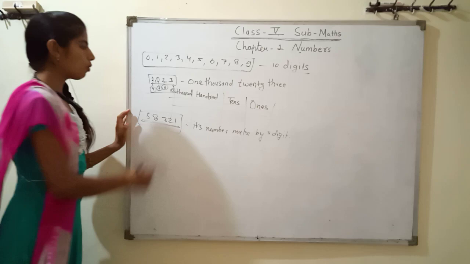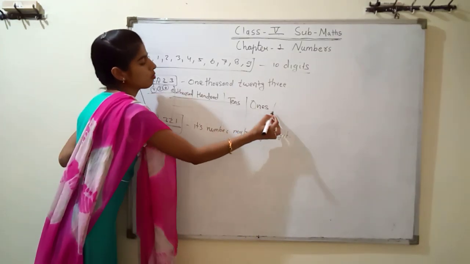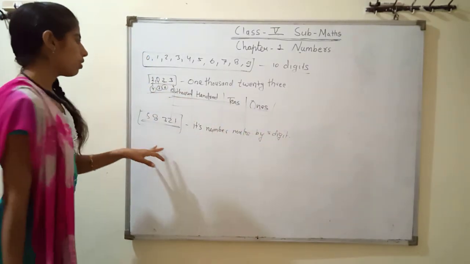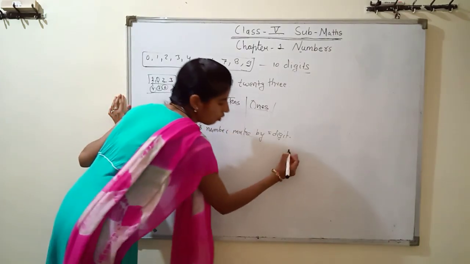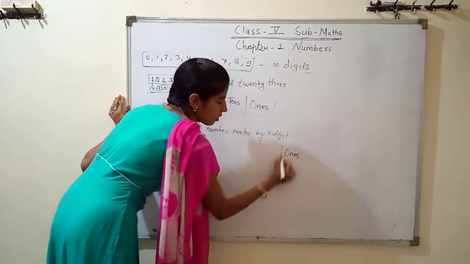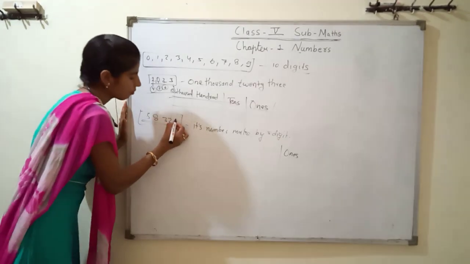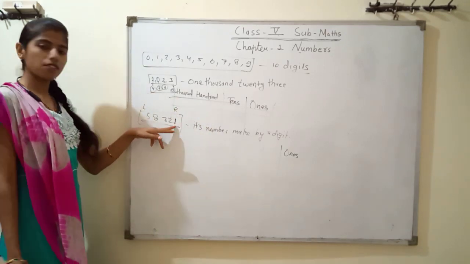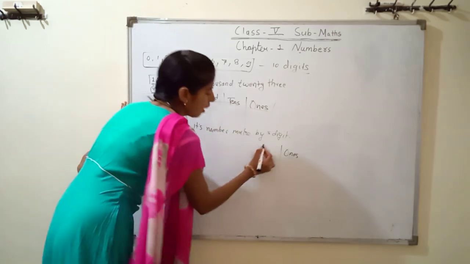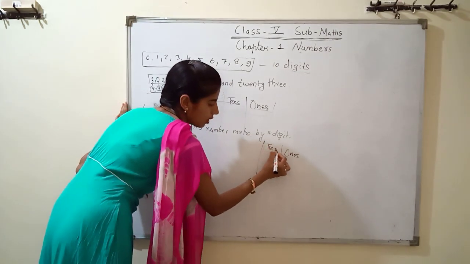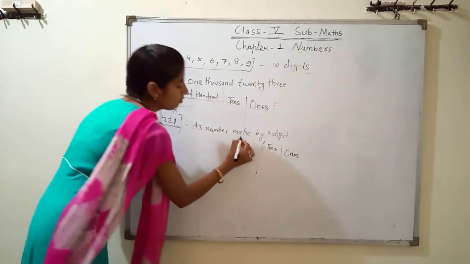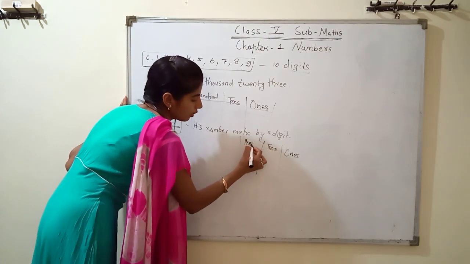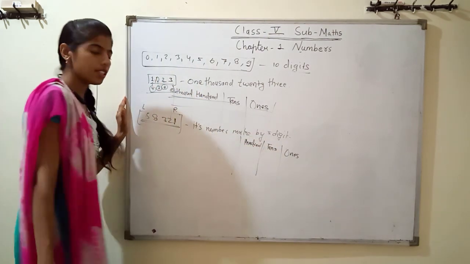Then we can read how we make that chart. We also make a chart like that. I will make it here. It starts from the ones. Which is the ones digit? On your right side, the first number is your ones. After that, the second number is the tens value. Third is the hundreds value.